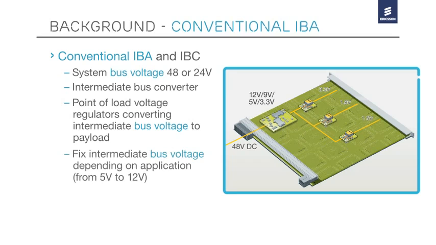For example, for small systems, designers tend to use a 5-volt bus voltage, prioritizing step-down optimization. In large systems, designers will choose a 12 volts bus voltage to reduce power losses in distribution. This architecture was named Intermediate Bus Architecture, IBA, and the main onboard DC-DC converter named Intermediate Bus Converter, IBC.